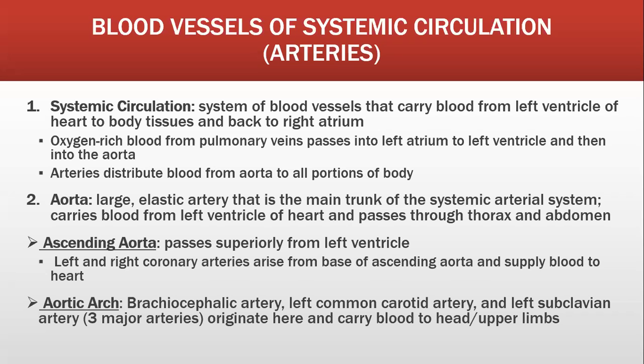Our aorta is a large elastic artery that is the main trunk of the systemic arterial system. It carries blood from the left ventricle of the heart and passes through the thorax and our abdomen. The aorta has two branches: the ascending aorta and the aortic arch.